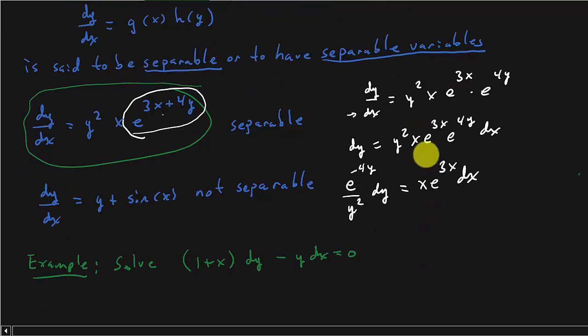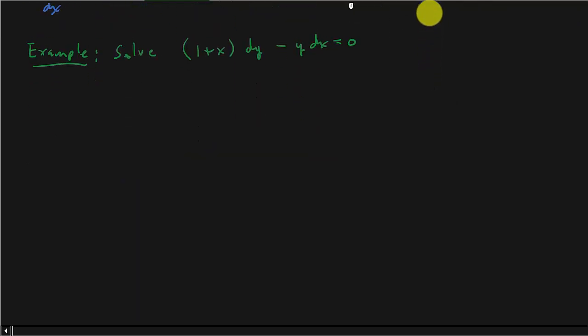So let's look and see how we solve these things. We have one here that we want to solve. So let's move this y dx to the other side. So we have 1 plus x dy is equal to y dx.